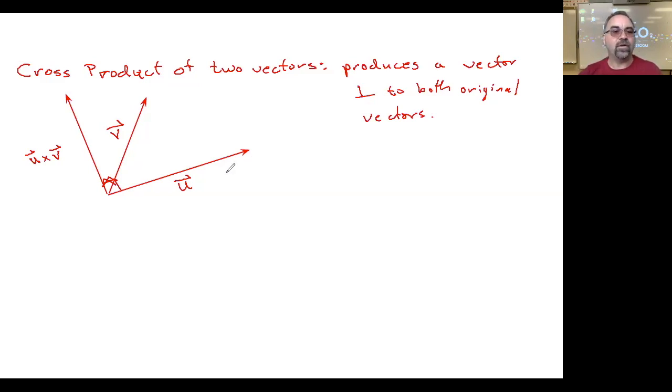So for those of you who are in physics, you may have already talked about this, finding the moment of torque around a point P. But that's a great example of how we might use the cross product of two vectors.